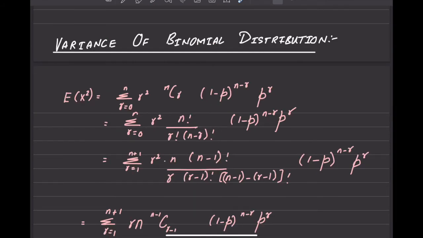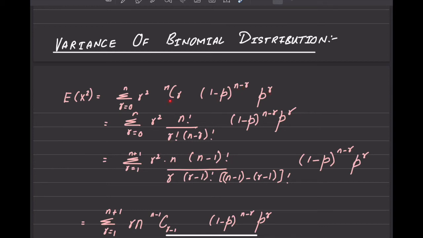Okay guys, so next up we're going to see how to derive the formula for the variance of x. To find the variance of x, we need to find the expectation of x squared. So the expectation of x squared would be the summation of all the terms of r squared multiplied by the corresponding probability. Hence it should be sigma r equals 0 to n of r squared nCr (1 minus p) to the power n minus r and p to the power r.